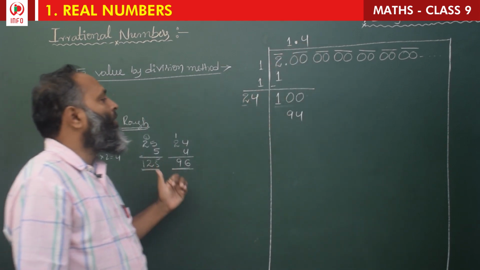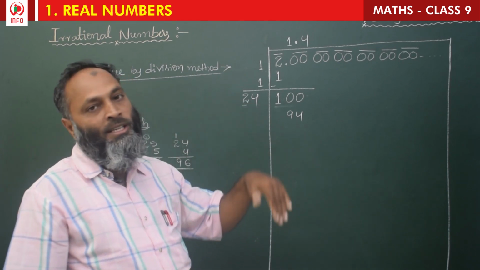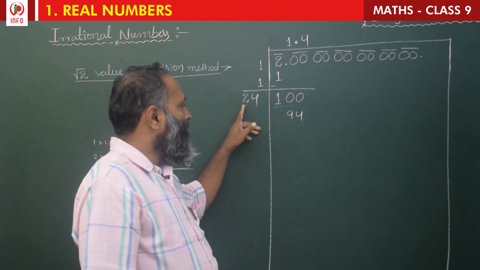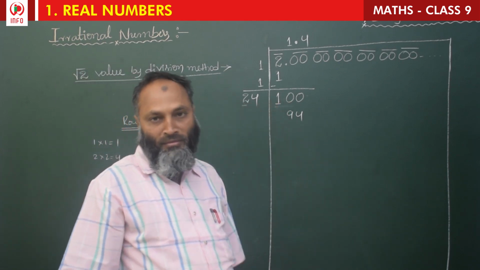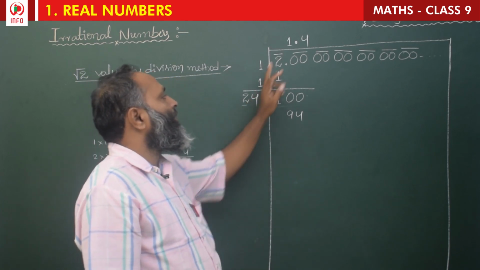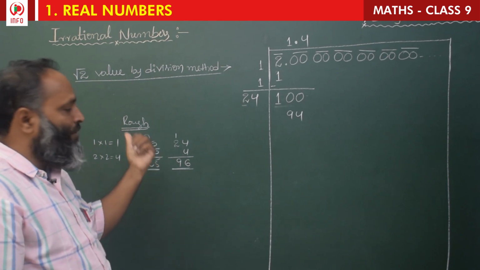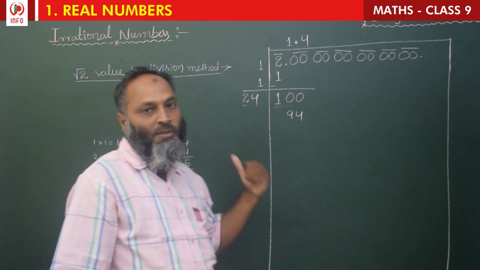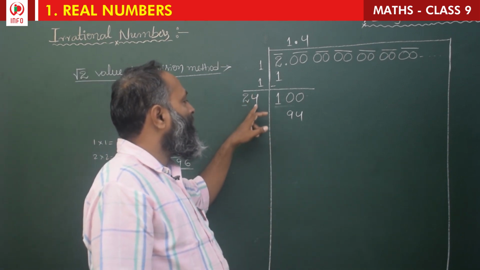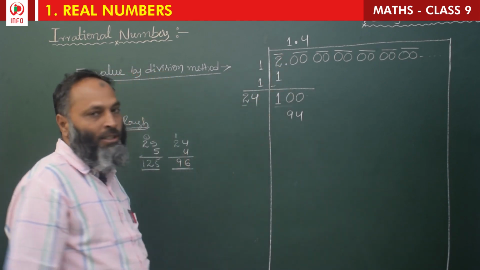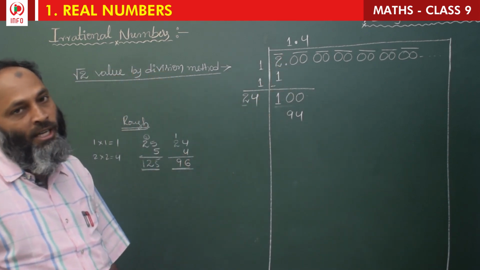So how to guess whether it is 5 or 4? First we check when this 100 will come. 25 5s are more than 100, so now it's 4, one less. Then we check 24 4s are. Like this we guess and take.